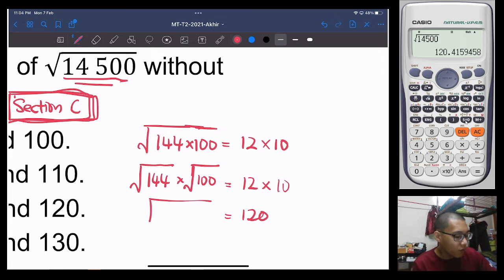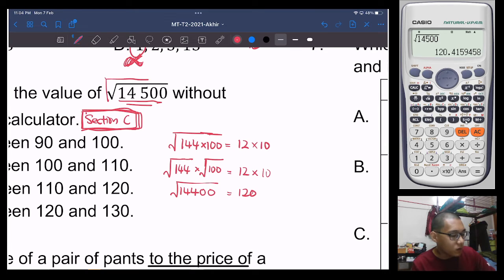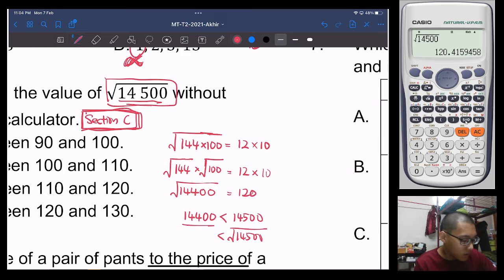120 is for 14,400. Now we see 14,500. Is it more than 14,400 or not? Since we know that 14,500 is more than 14,400, if we try to square root them, you will see, hey, it's more than already, right?